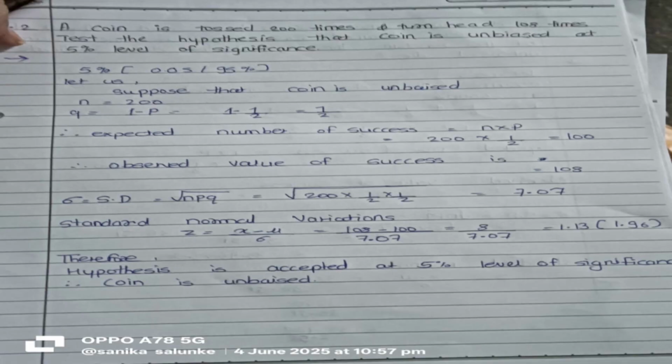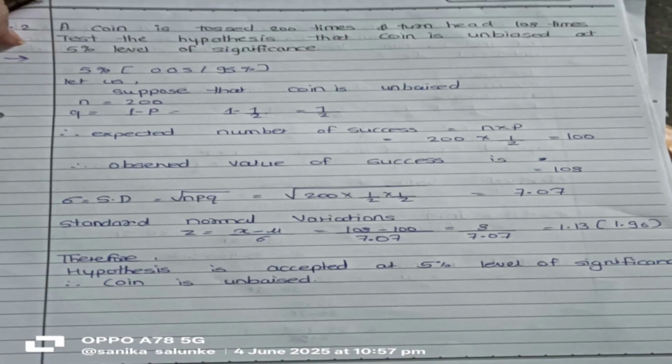Secondly, the given information in the question: the number of trials n is equal to 200. The observed number of successes, meaning heads, is 108. Now calculate the expected values. The expected probability of success P under H0 is 0.5. The expected probability of failure Q under H0 is 1 minus P, which is 1 minus 0.5, equal to 0.5.